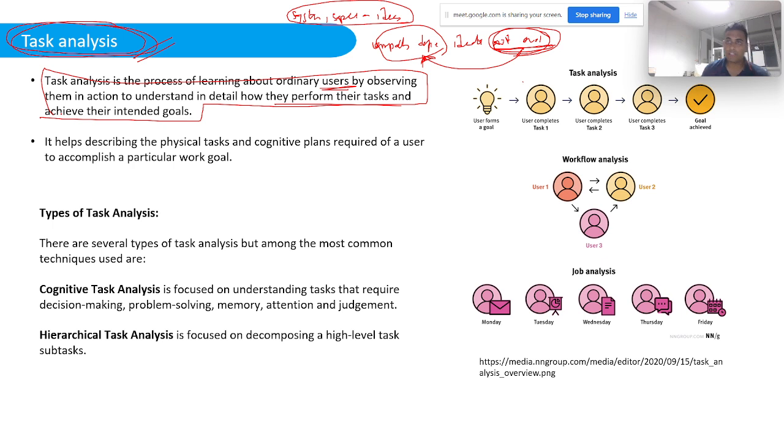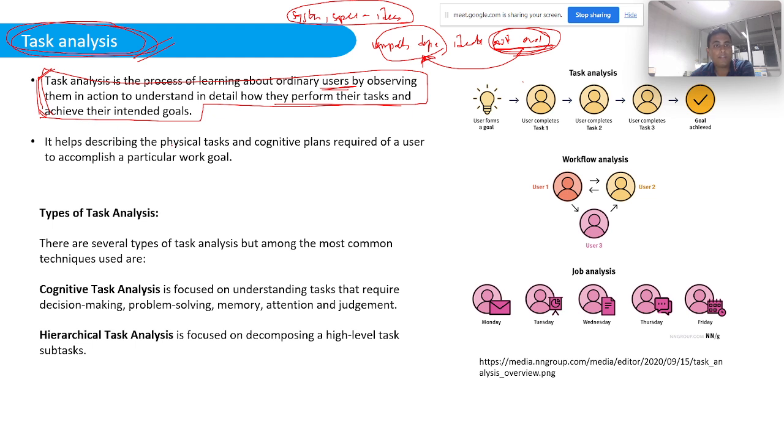So, during a contextual inquiry, when you see a particular user using a competitive product, that time also you can ask a particular user to perform a particular task, and you try to understand how he is doing a particular activity.